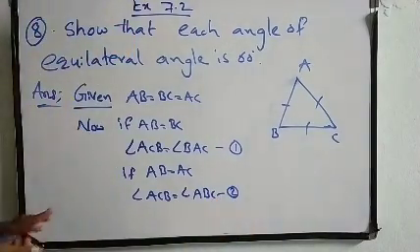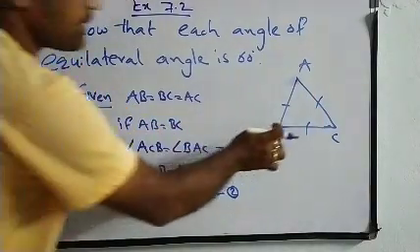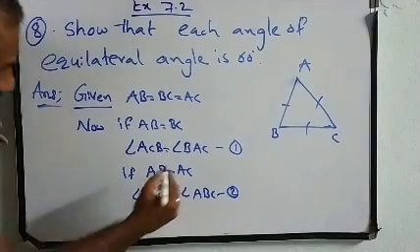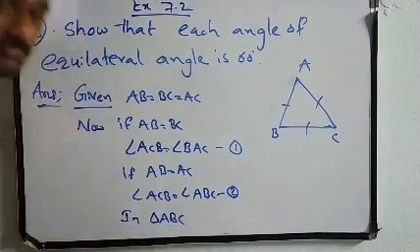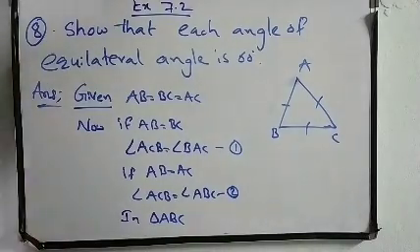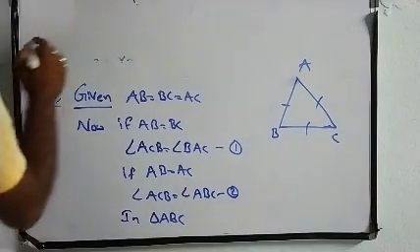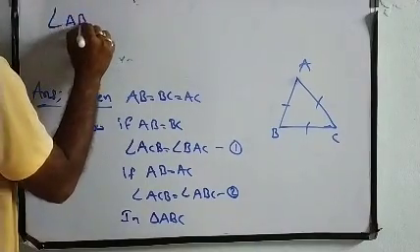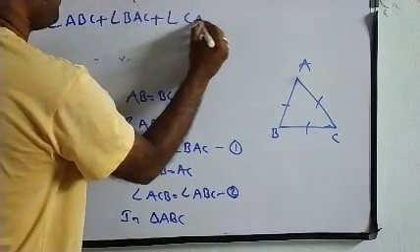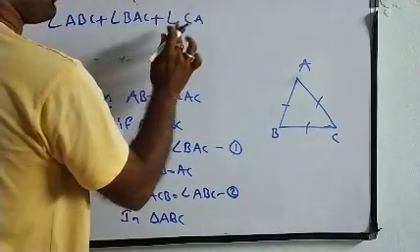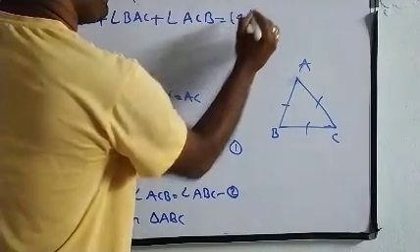Now if you observe this, we can go with the isosceles triangle property. If two sides are equal, then automatically the two angles opposite to the equal sides are equal. So in triangle ABC, angle ABC plus angle BAC plus angle ACB equals 180 degrees.